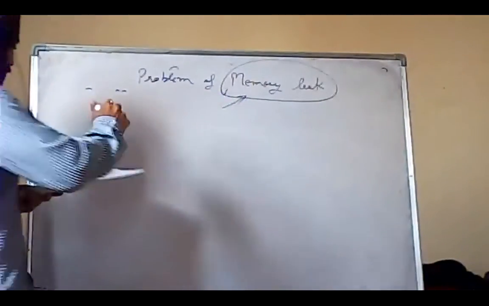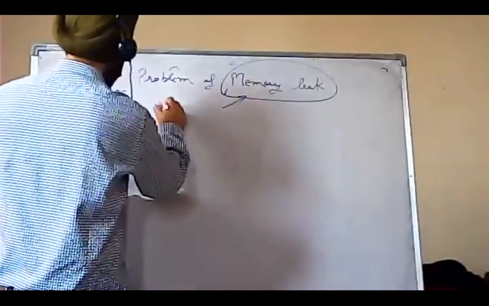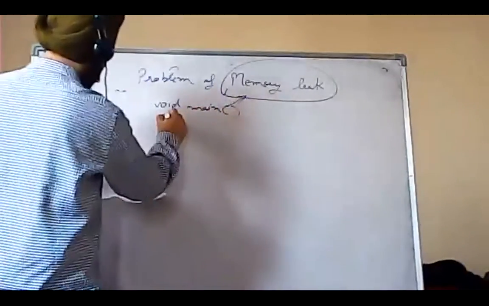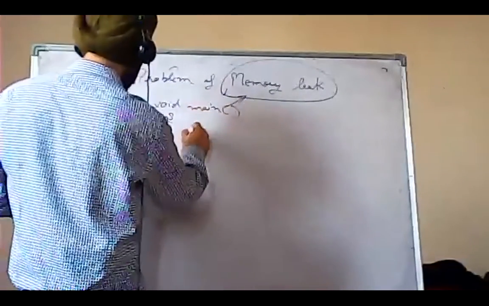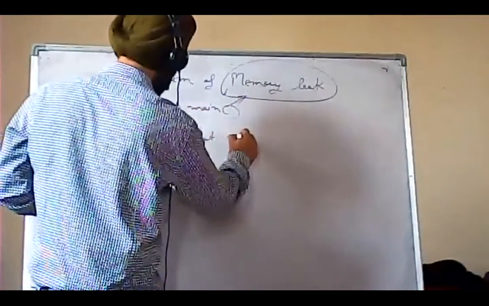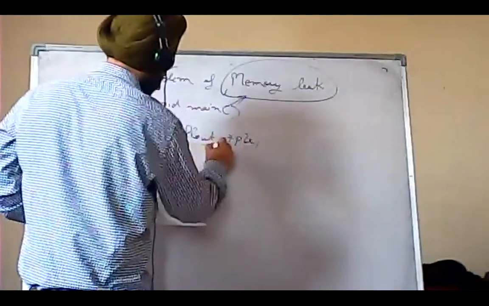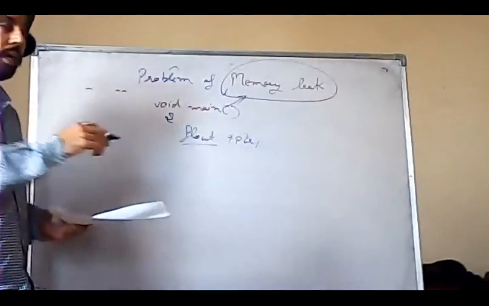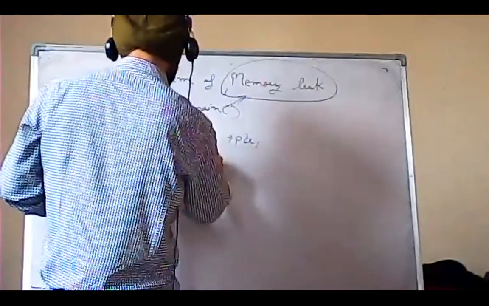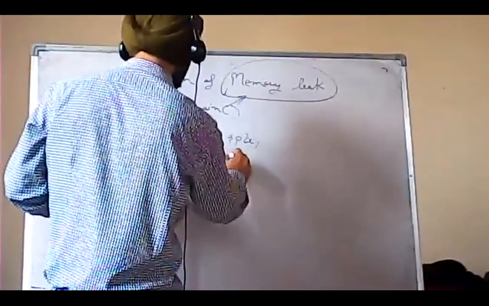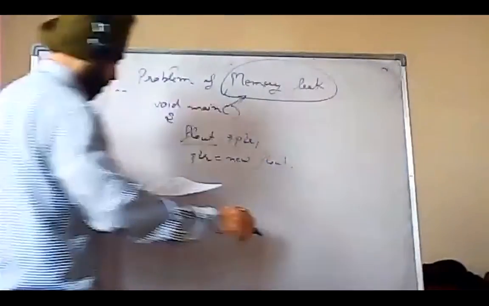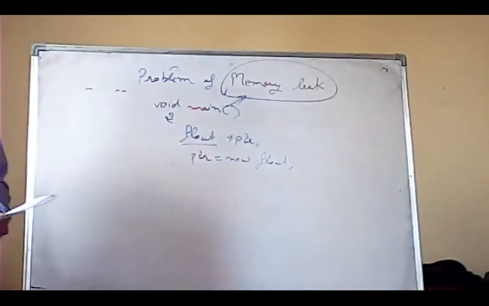So suppose here I am just going to start our program with void main, and suppose I am just going to assign one pointer, that is a float type pointer variable, and next ptr is equal to new pointer.